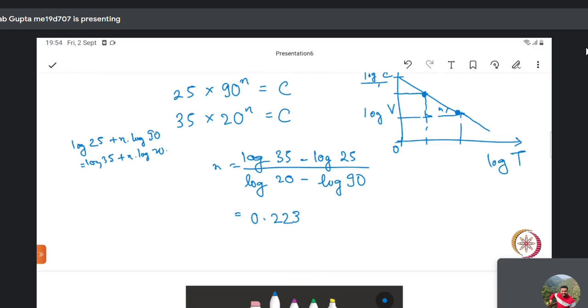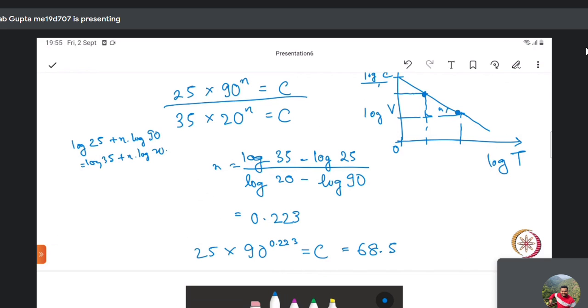Now you need to calculate C and just put the values in one of the expressions. So 25 into 90 power 0.223 gives 68.5.